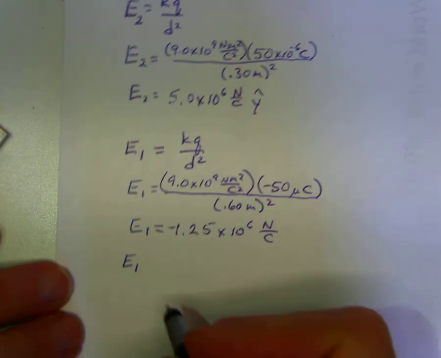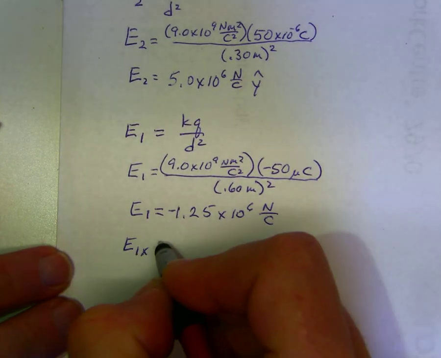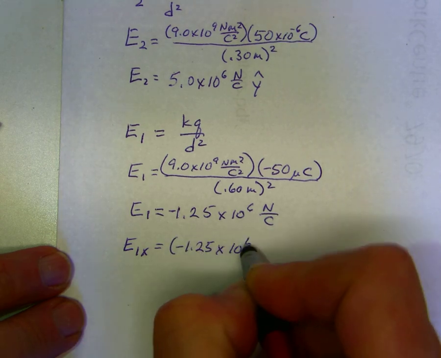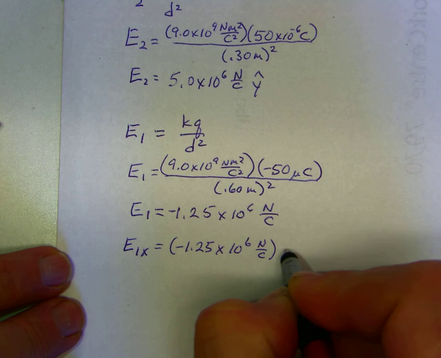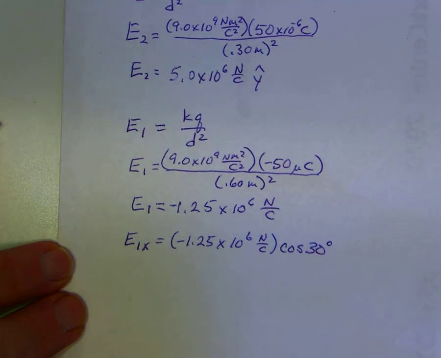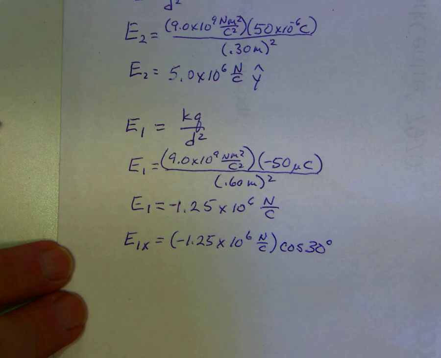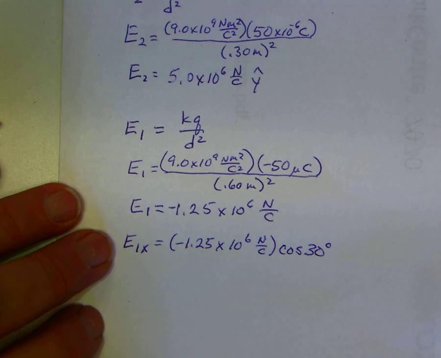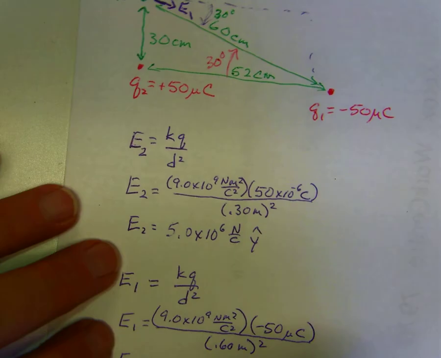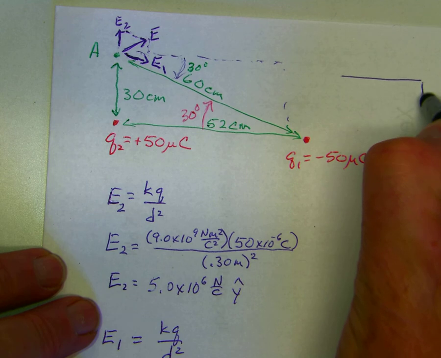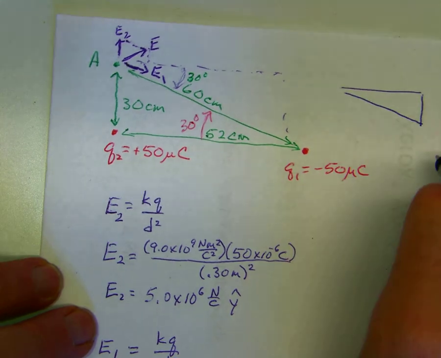So it's going this way. Our angle here is 30 degrees. Because remember, we've got alternate interior angles, from geometry, with two parallel lines. This angle is the same as this angle, 30 degrees.